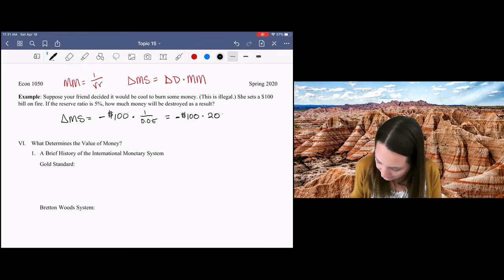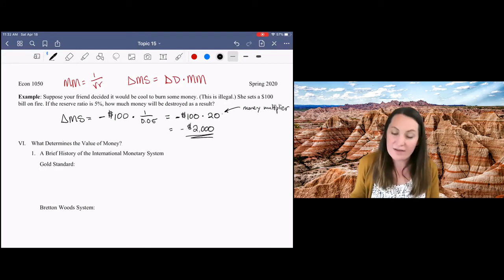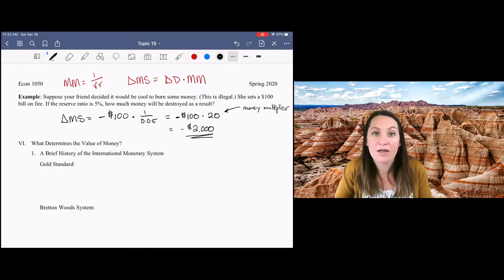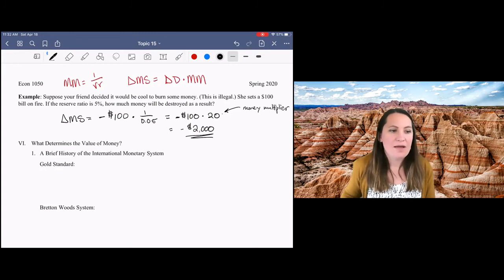So 20, that's your money multiplier. And in this example, then we've lost $2,000 in money in our economy just due to the destruction of that $100 bill. Sorry, $2,000. Did I say 20? $2,000. All right. Okay, good.